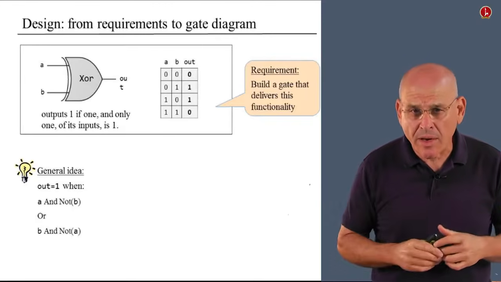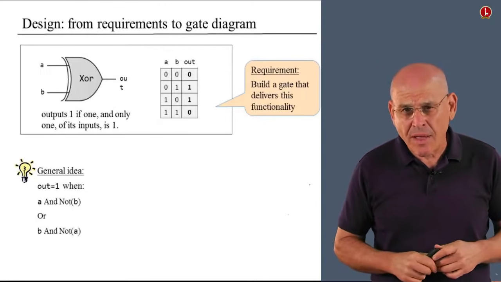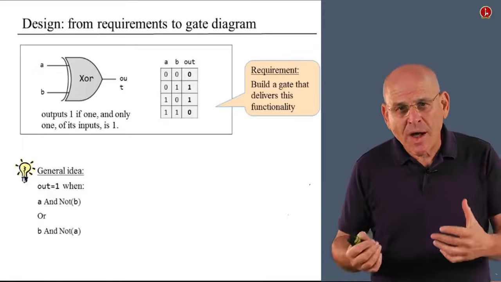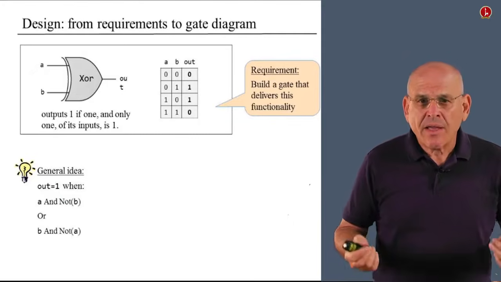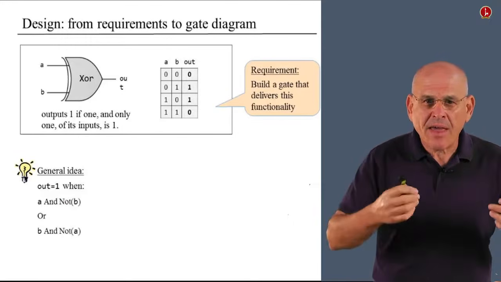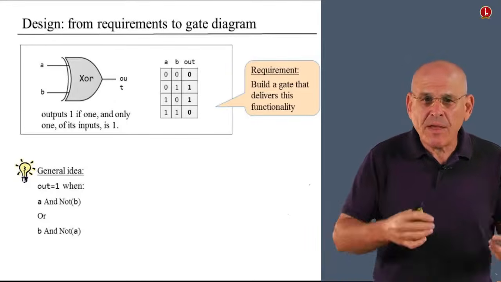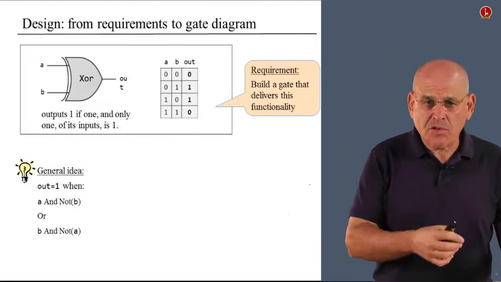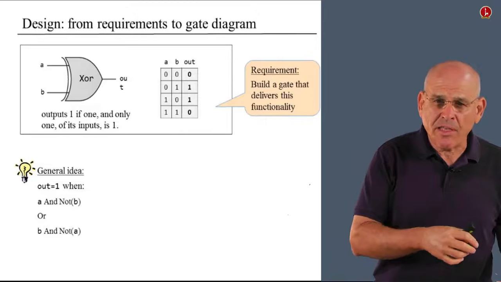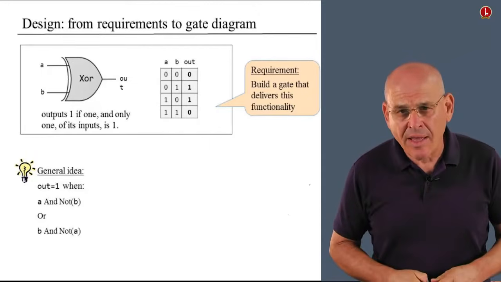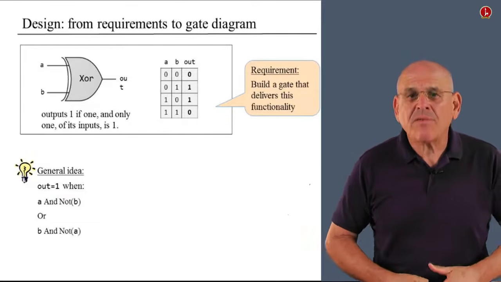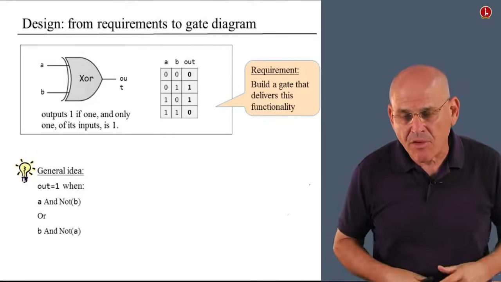I mean, look at the truth table. The gate outputs 1 in 2 cases only. If A and not B, or if B and not A. That is, if A is true and B is false, or if B is true and A is false. This sort of jumps out from the truth table.